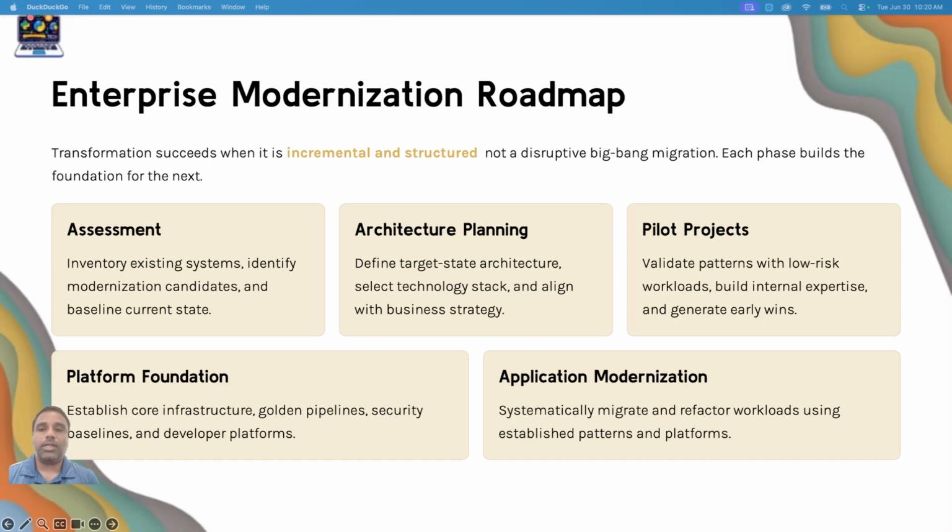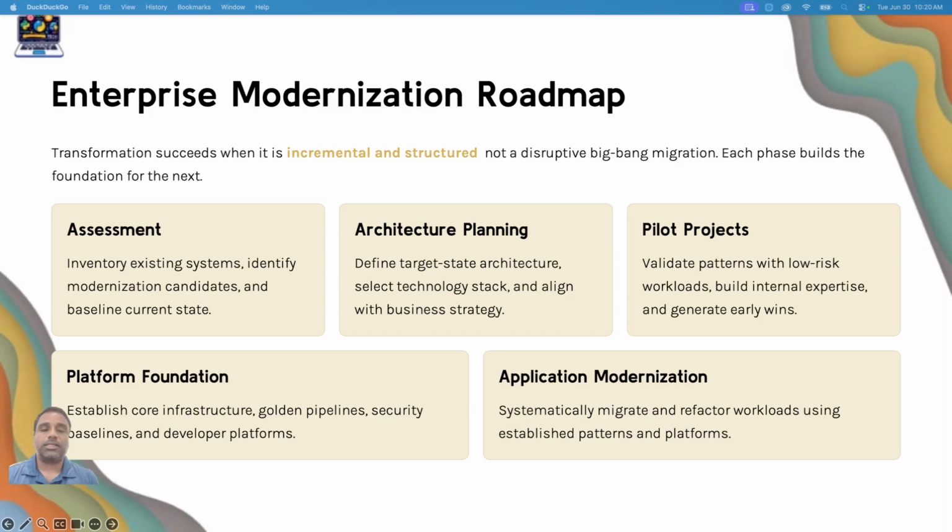The fourth one is the platform foundation. You have to establish core infrastructure, golden pipelines, security baselines, and developer platforms so that you are set for success as you embark on cloud native patterns. The final one is application modernization.